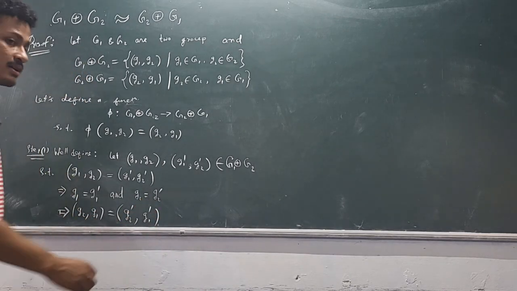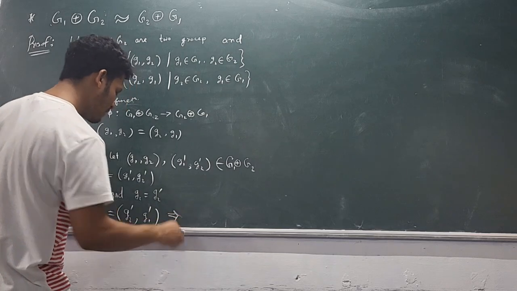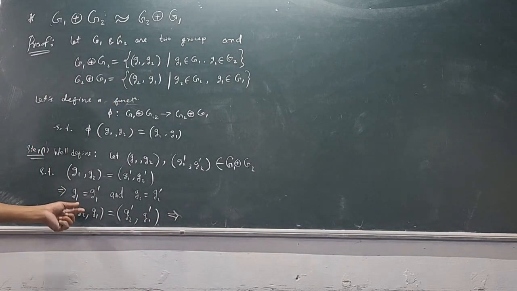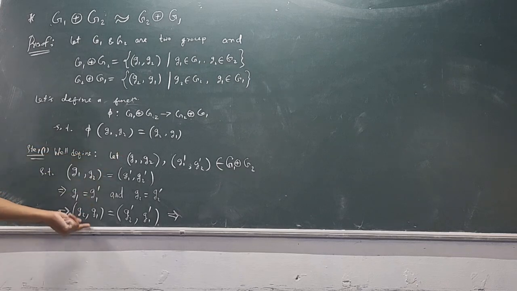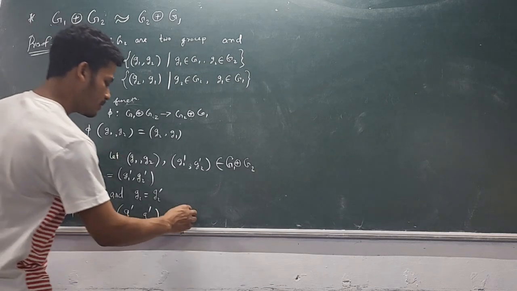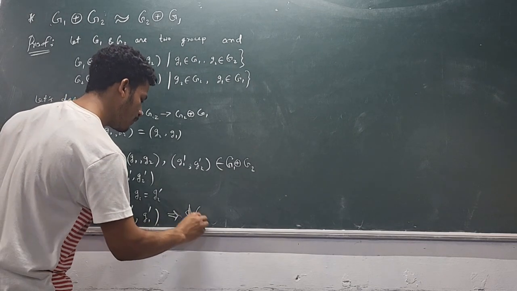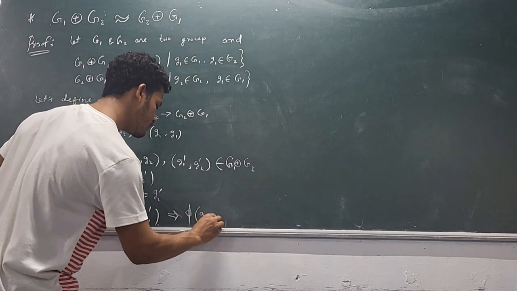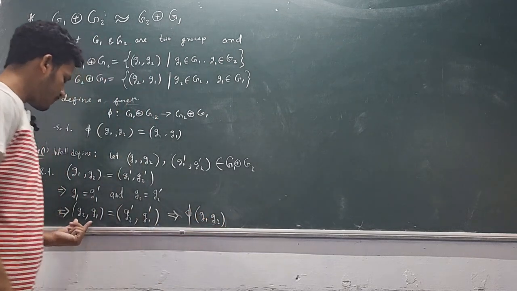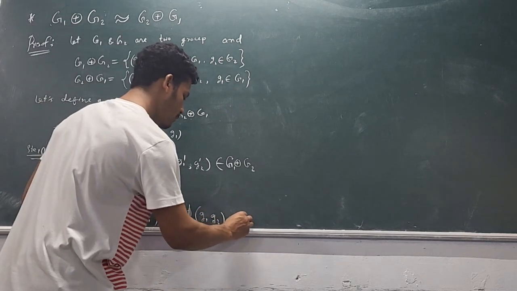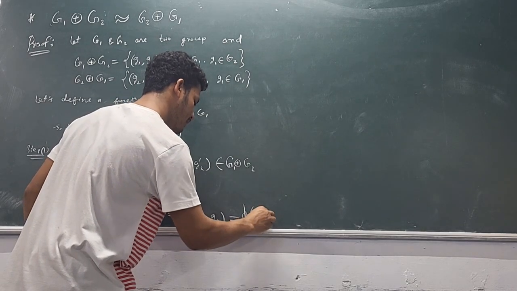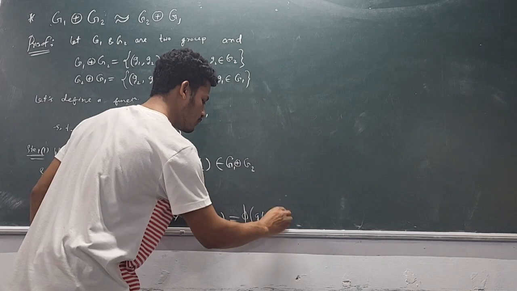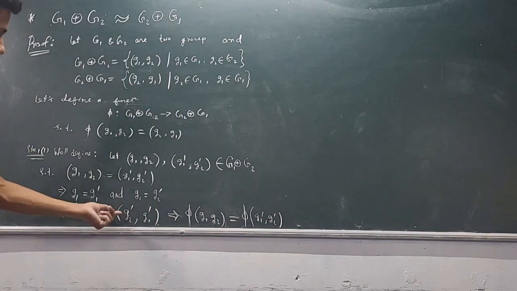This will imply phi of (g1, g2) is equal to phi of (g1', g2').